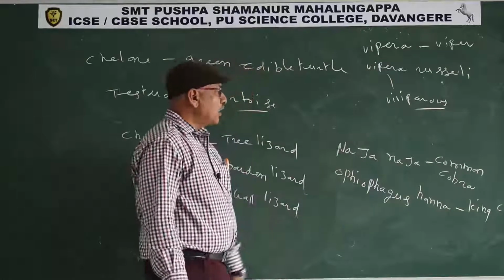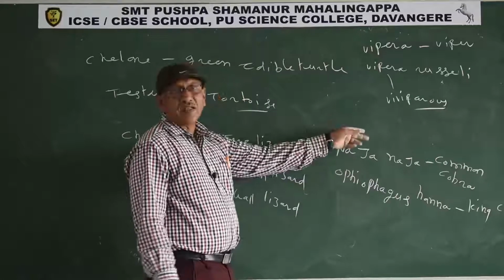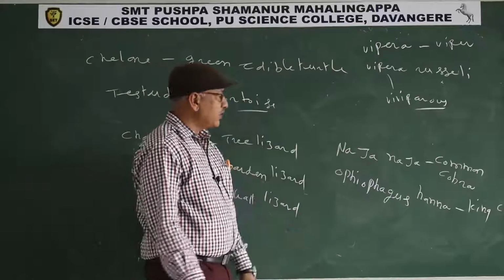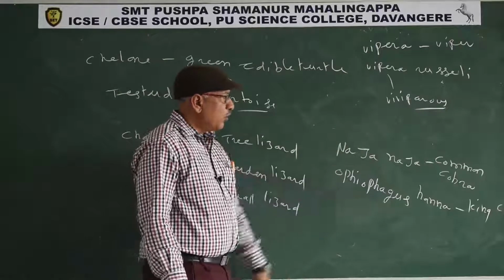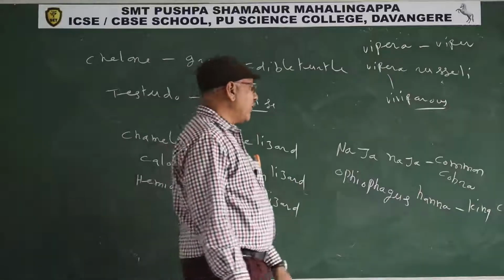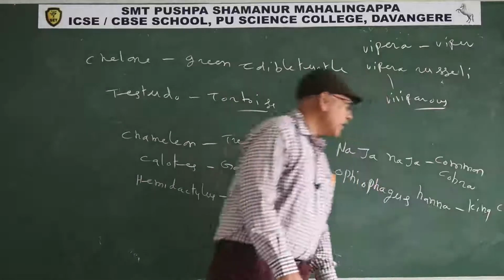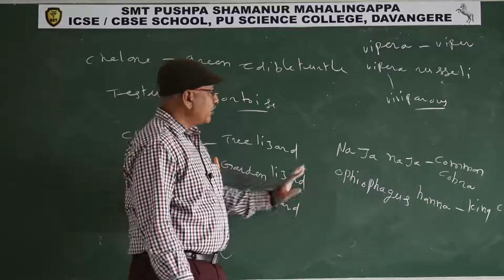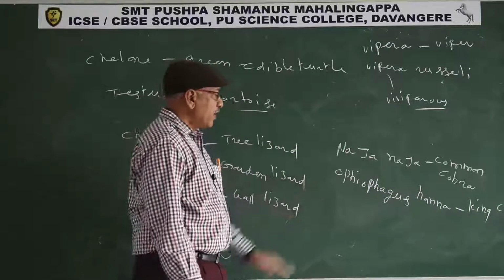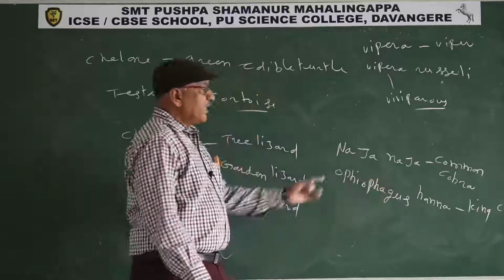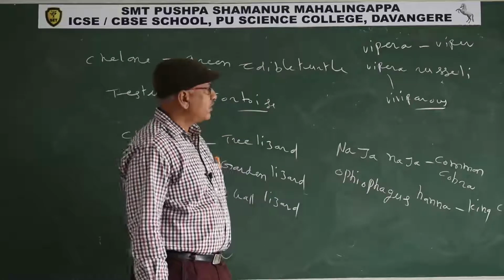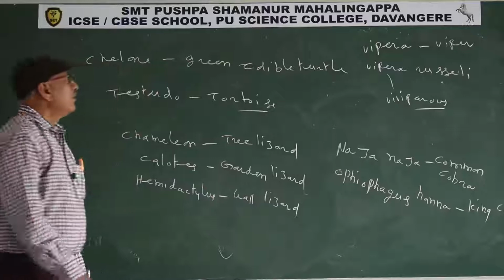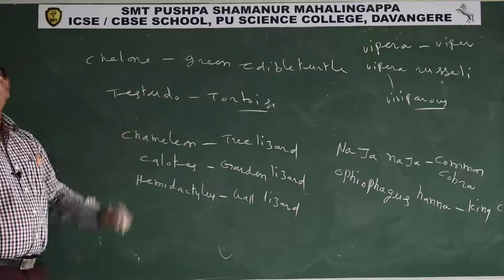Naja is a common cobra. Hood is large. Spectacle mark present on the Naja. Hood is small, no spectacle mark, that is Ophiophagus hannah, commonly known as king cobra. So it is a more aggressive snake. It feeds on snakes. It builds the nest to lay eggs. So these are a few examples given in our textbook.